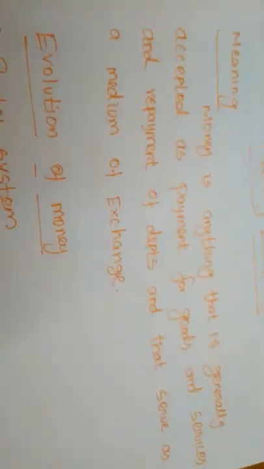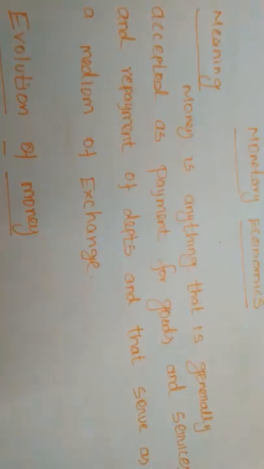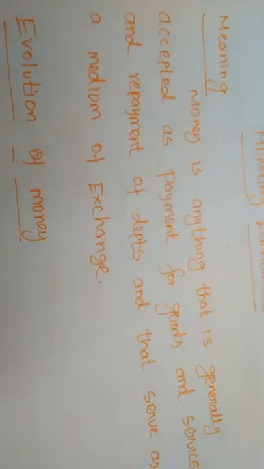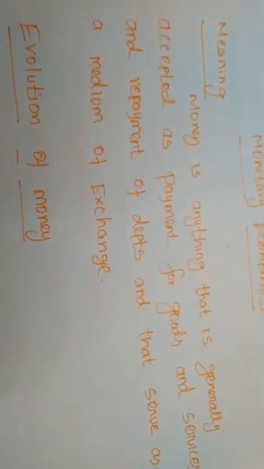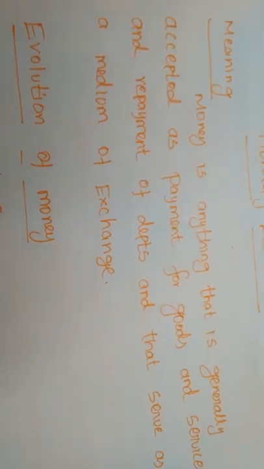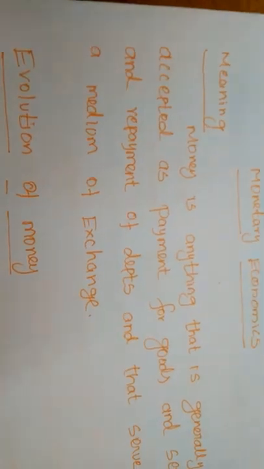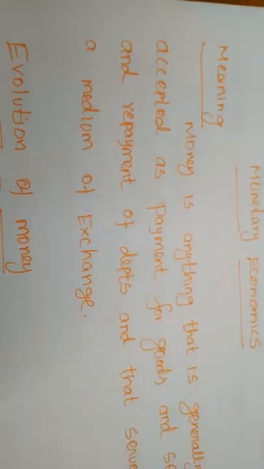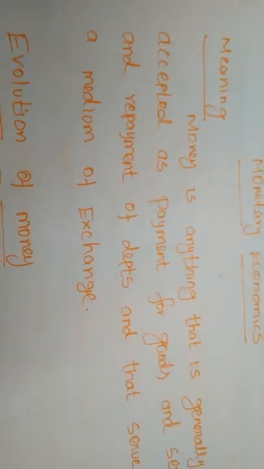Measure of value means we measure the value of one commodity. For example, take gold. One gram of gold is maybe 4,000 rupees. So one gram of gold is equal to 4,000 rupees, meaning the value of gold is measured in the form of money.